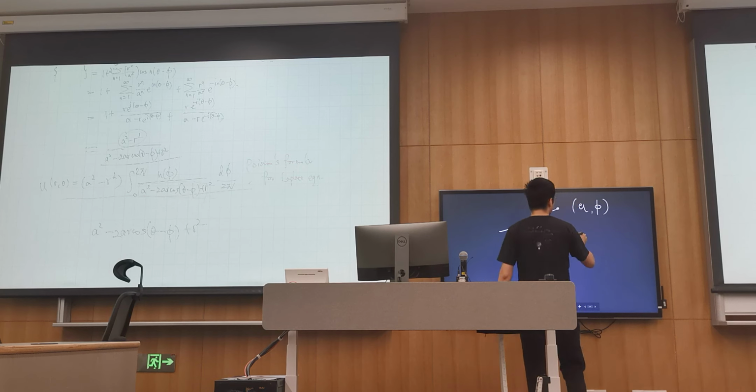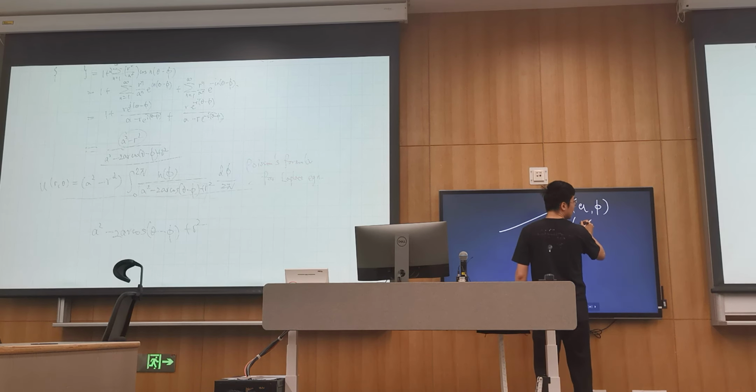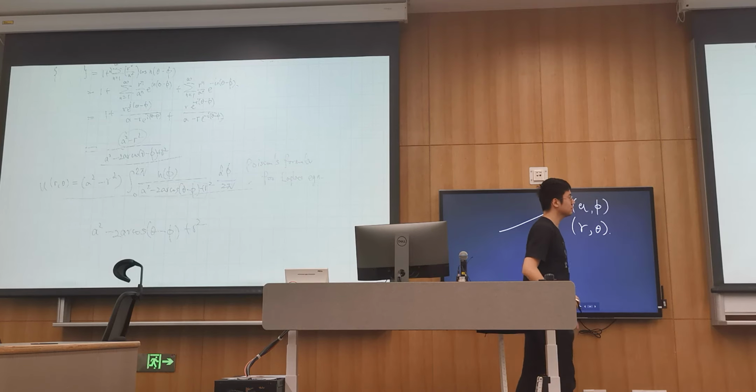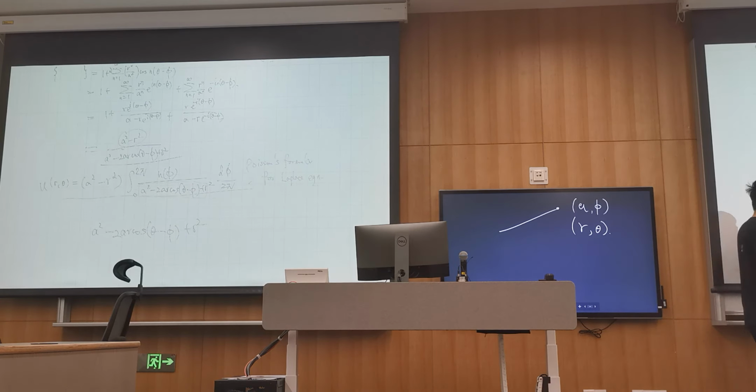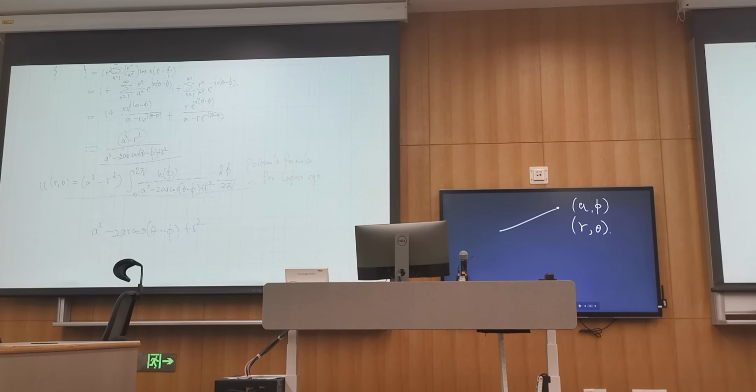And another one has a polar coordinate of r, theta. Right? We're looking into a phi and r theta.